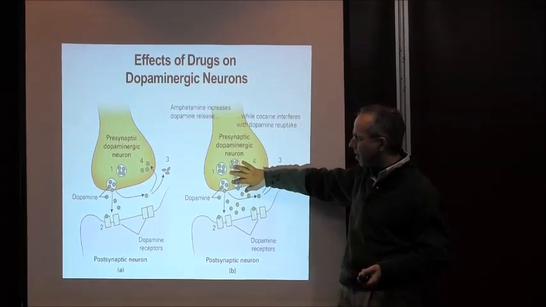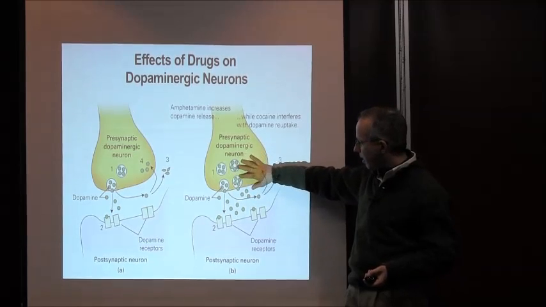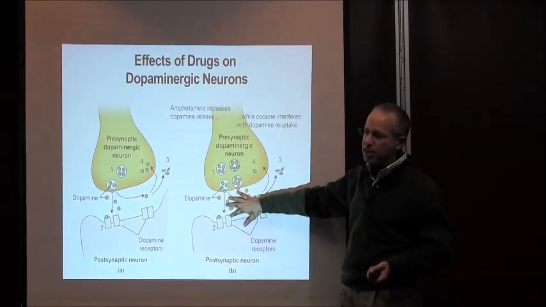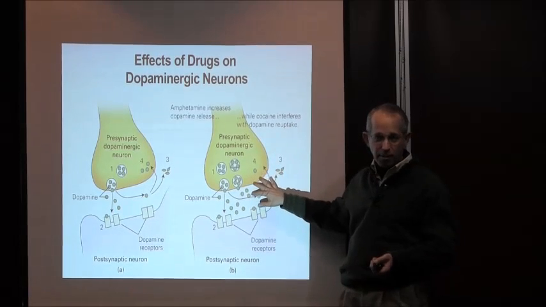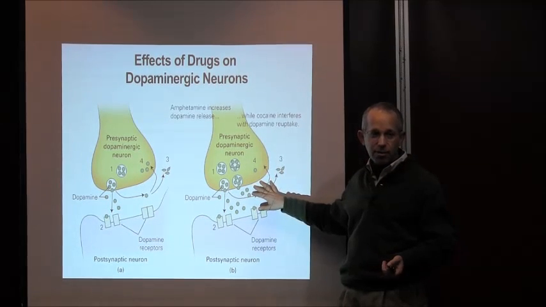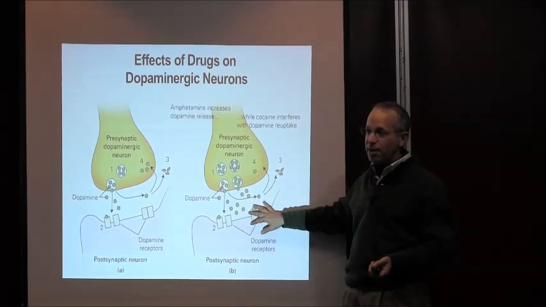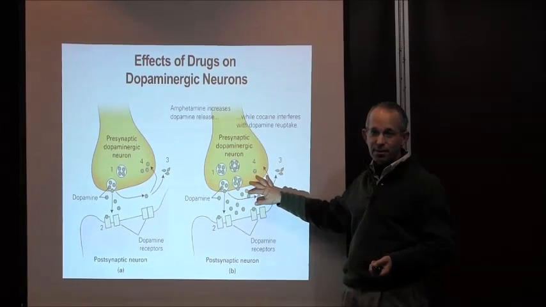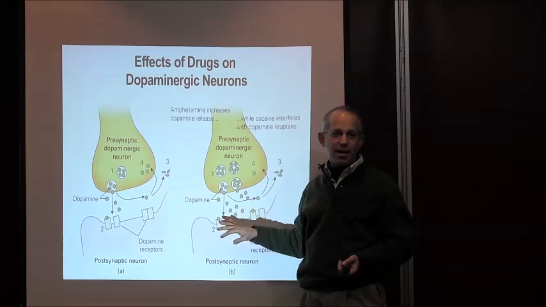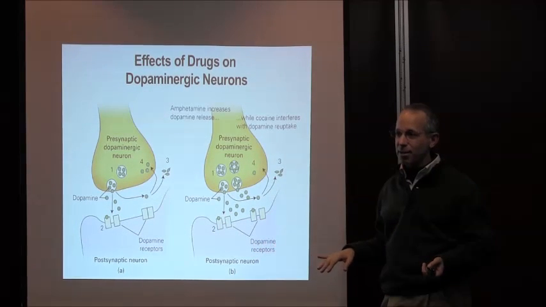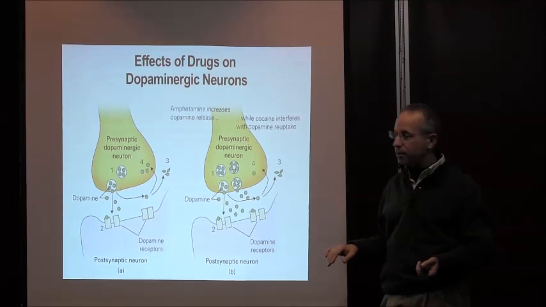So you have here a presynaptic dopaminergic neuron, and the amphetamines are increasing the amount of dopamine that's released. Cocaine interferes with dopamine reuptake. So what's another drug that interferes with the reuptake? SSRIs. So the analogy is that cocaine is to dopamine what Prozac is to serotonin.